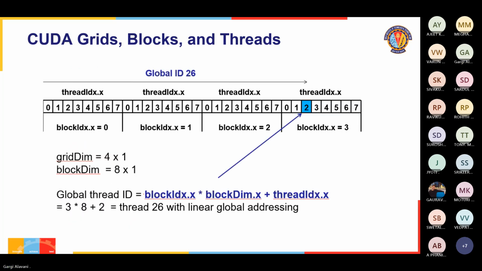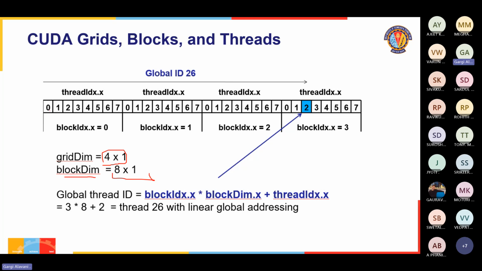So in this example, as you can see, this is a grid of four blocks. We have block 0, 1, 2, and 3. In these four blocks, the dimension of a block, that is how many threads reside in a block, is 8. So each block is a block of 8 threads.